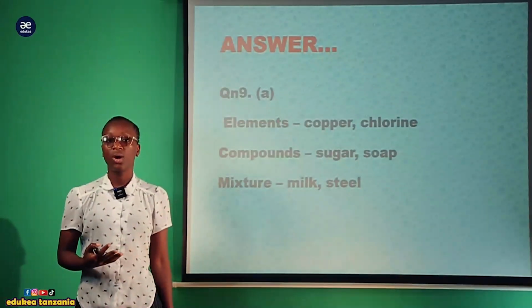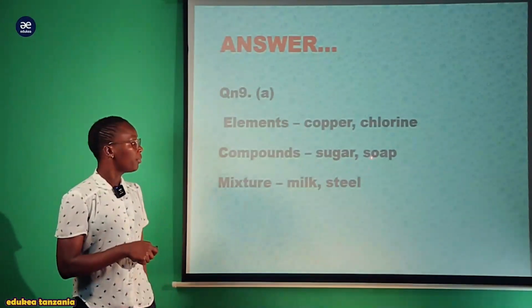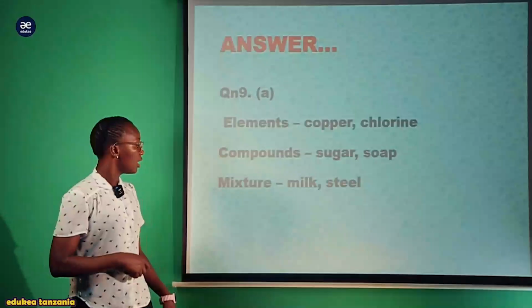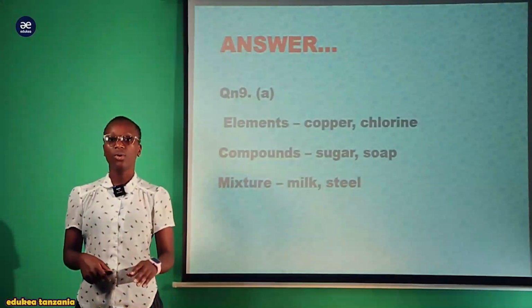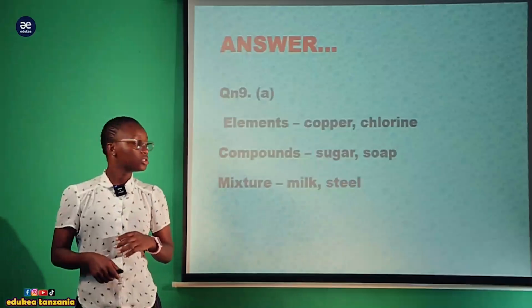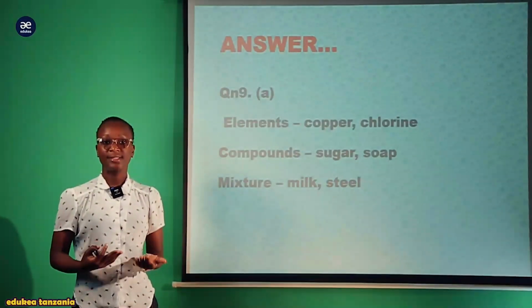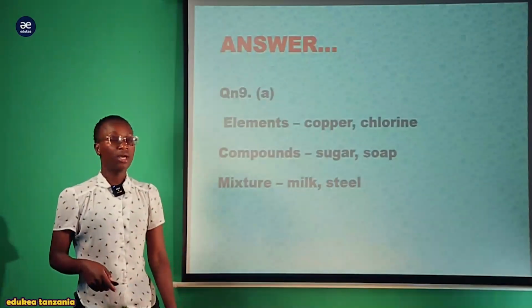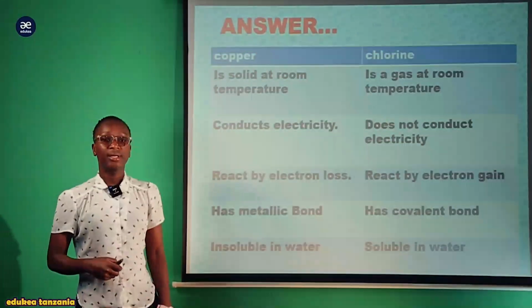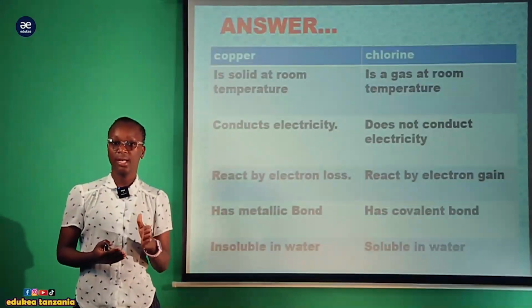Kwa hiyo mwanafunzi alitakiwa identify kwamba hii ni compound na hii ni element. Also alitakiwa identify the mixture. Tulikuwa na component of milk, but also we have a component of steel. So this exists as a mixture. Kwamba hizi ni mixtures.